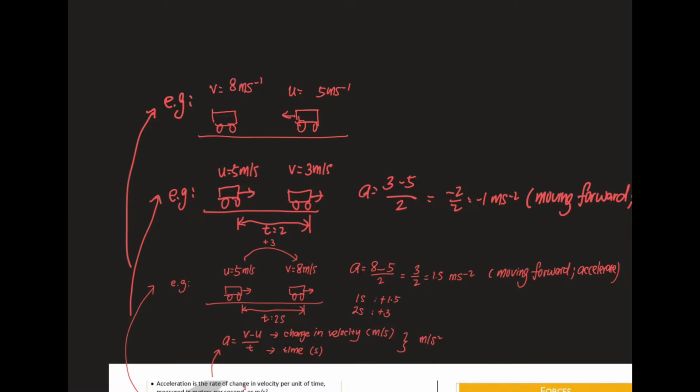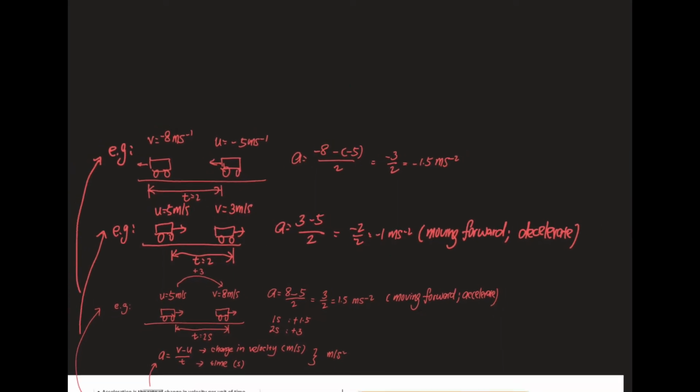So U should be -5 and V should be -8, because backward is assumed to be negative. So if I use the formula, and let's say this happened in 2 seconds again, t equal to 2, I use a equal to v minus u over time. Then you will get -3 over 2, -1.5 meter per second per second.